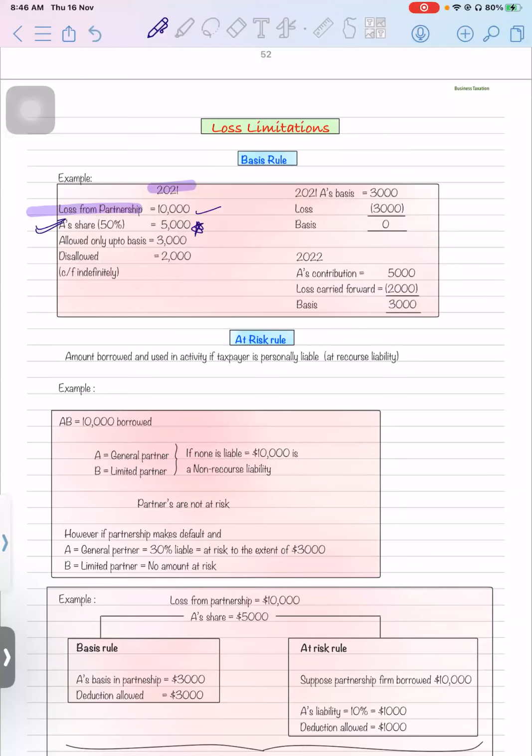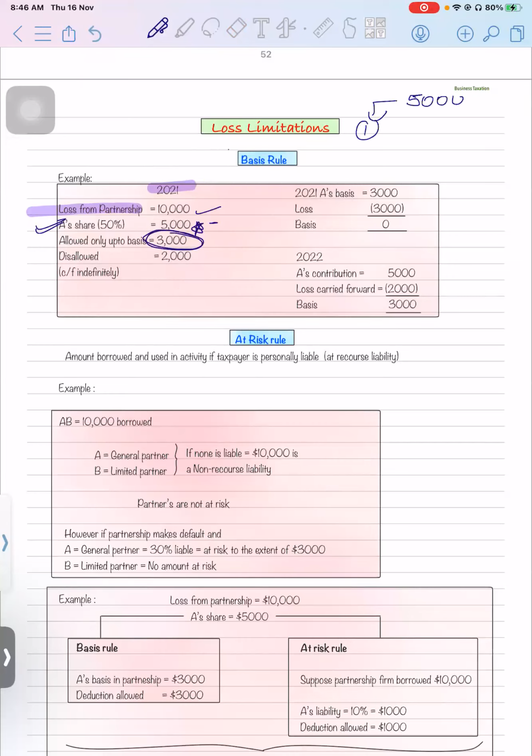Assuming his adjusted basis is $3,000 in the partnership firm. So out of this 5,000, he will be liable only for $3,000, not more than that. So this basis will get reduced to 3,000. Means, can I say first, this $5,000 was a loss.